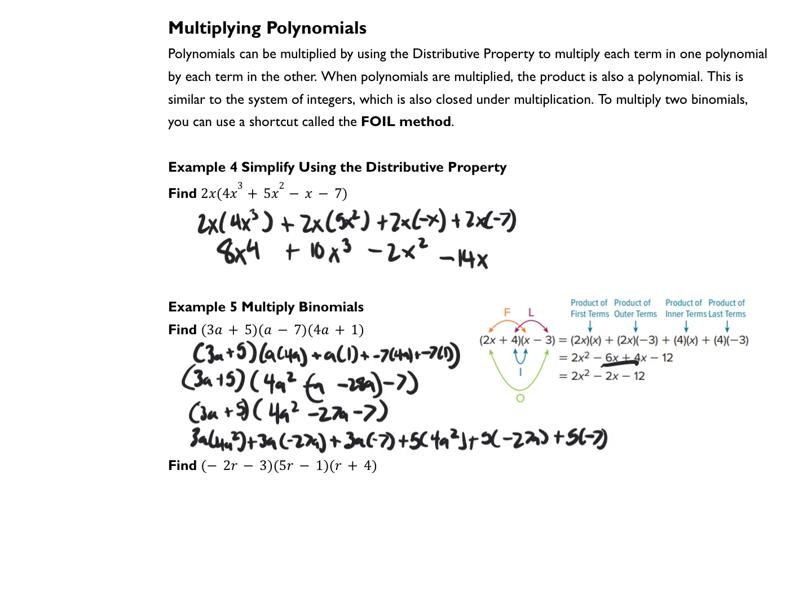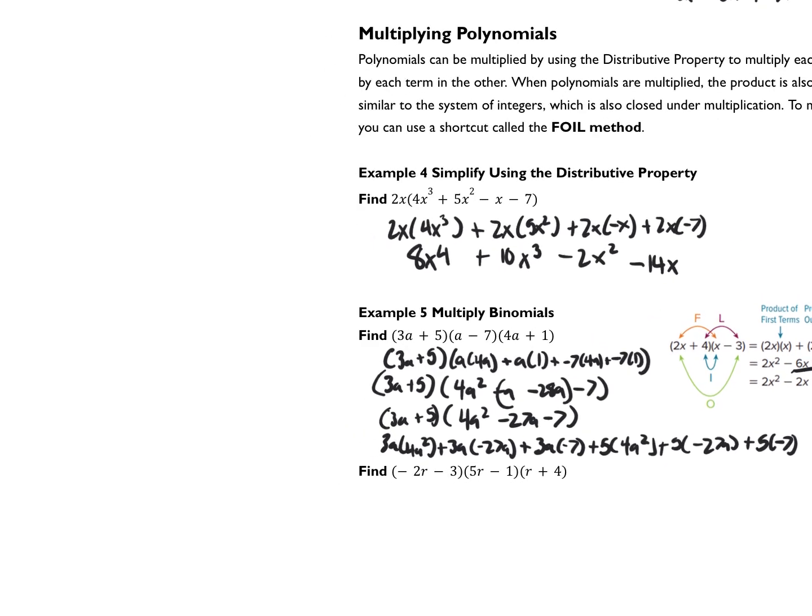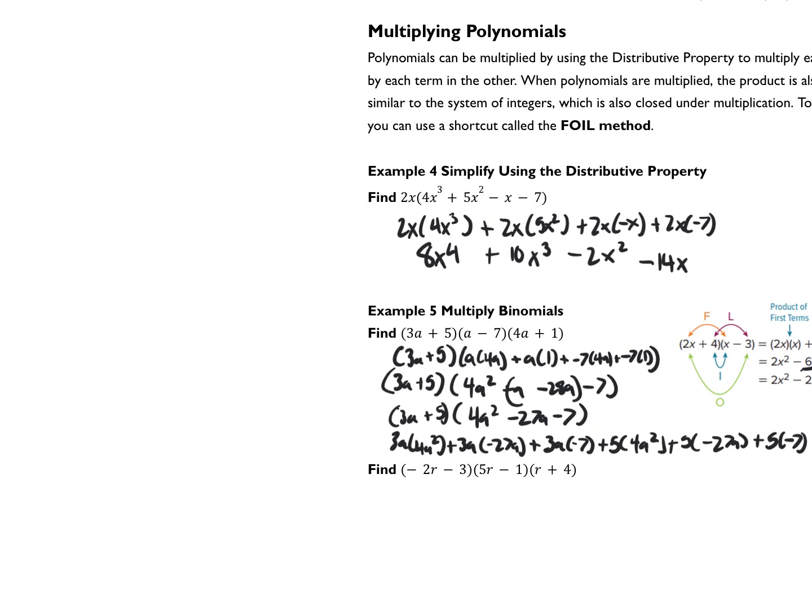All right, so when we do that multiplication, I have to move over here to give us some space. We get 12a cubed, and then I get 3a times negative 27a, that's negative 81a squared. 3a times negative 7 is negative 21a. 5 times 4a is 20a squared.